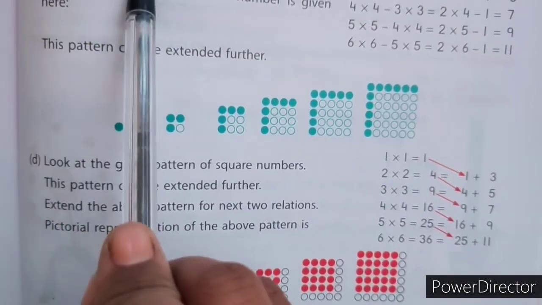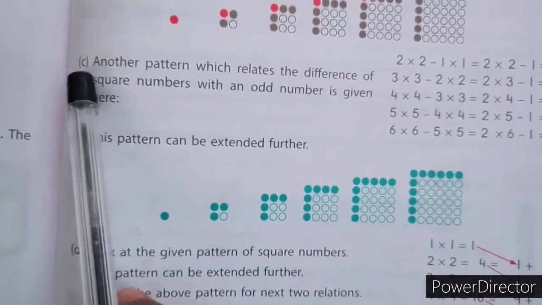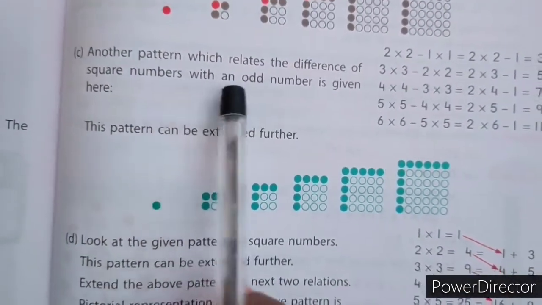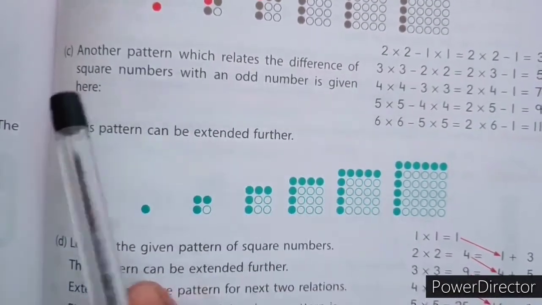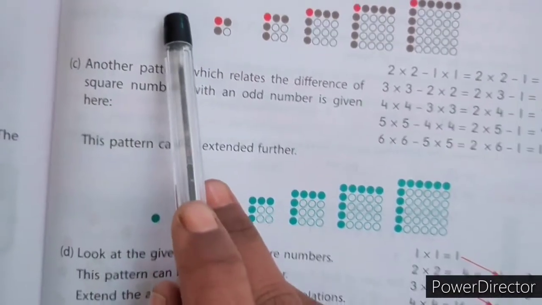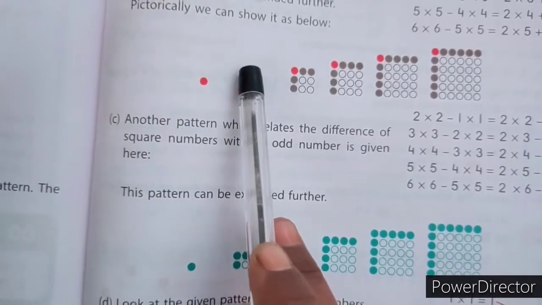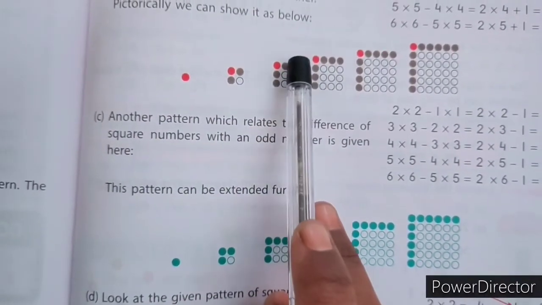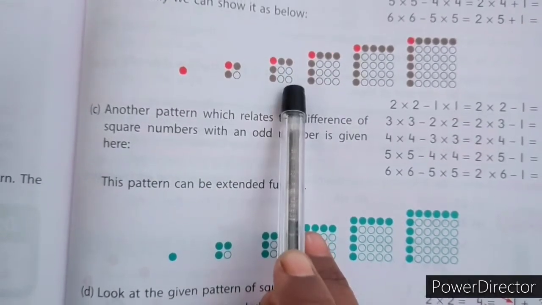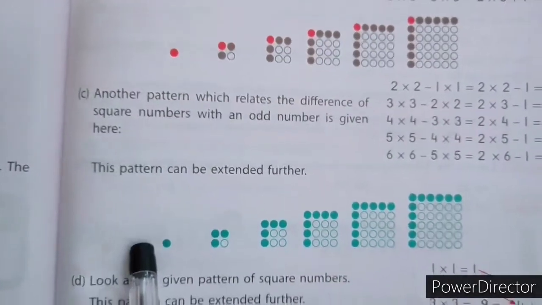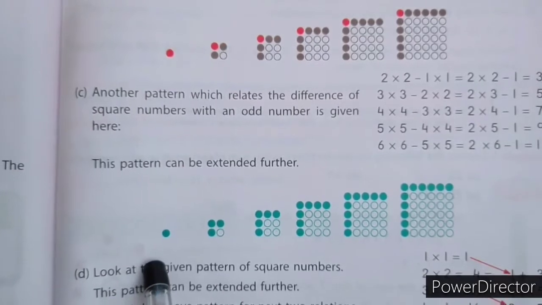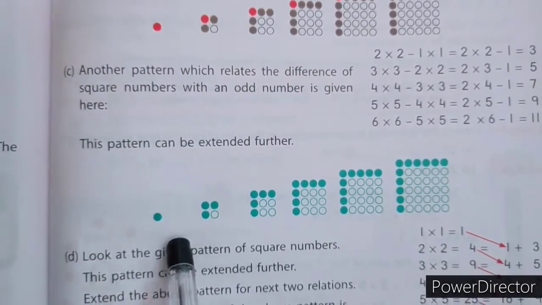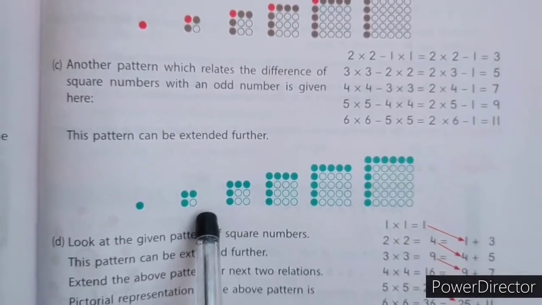This is another pattern which relates the difference of square numbers with an odd number. As we have seen the pattern of odd numbers between two square numbers, in the same way we will see here. The first square number is 1, the second square number is 4, the third square number is 9.